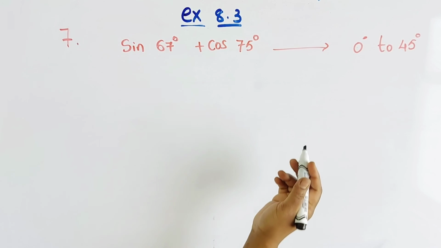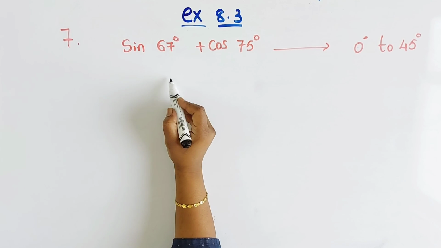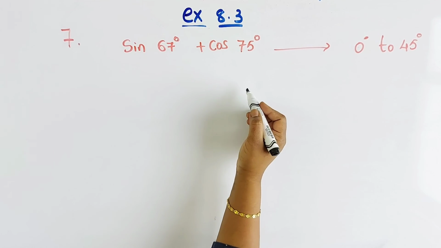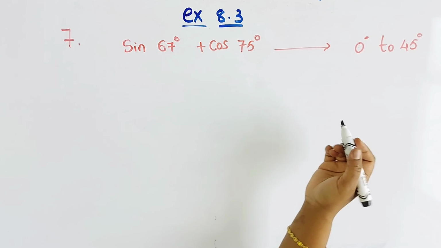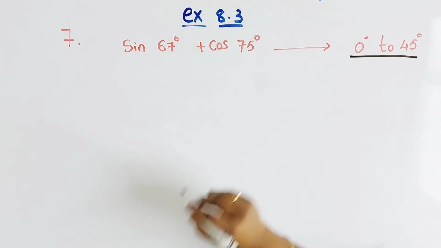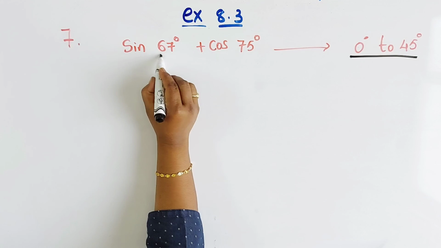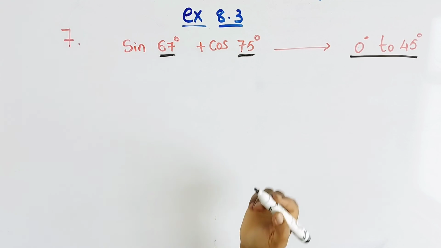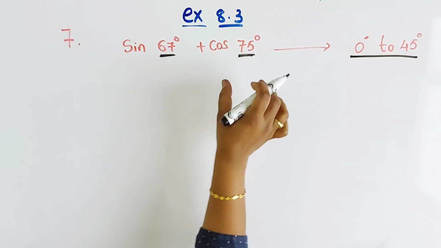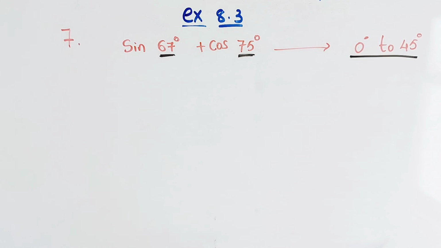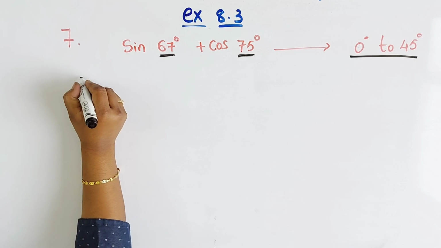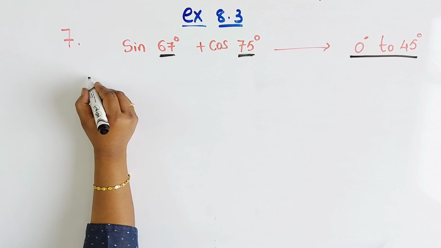Now question 7, children. Express sine 67 degrees plus cos 75 degrees in terms of trigonometric ratios of angles between 0 to 45 degrees. Here we have angles 67 and 75 degrees, right? Now we have to change these angles into 0 to 45 degrees. Let's start, children. Here sine 67 degrees.